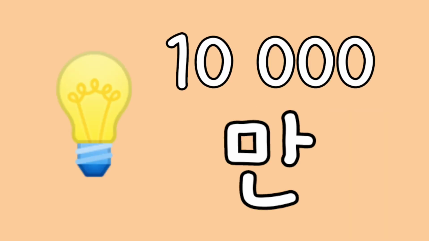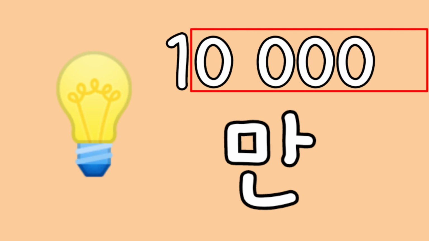Remember that 10,000 is man in Korean, right? In 10,000 we have 4 zeros. So, translating big numbers into Korean is easy by taking out the 4 zeros from the right, then start translating it.